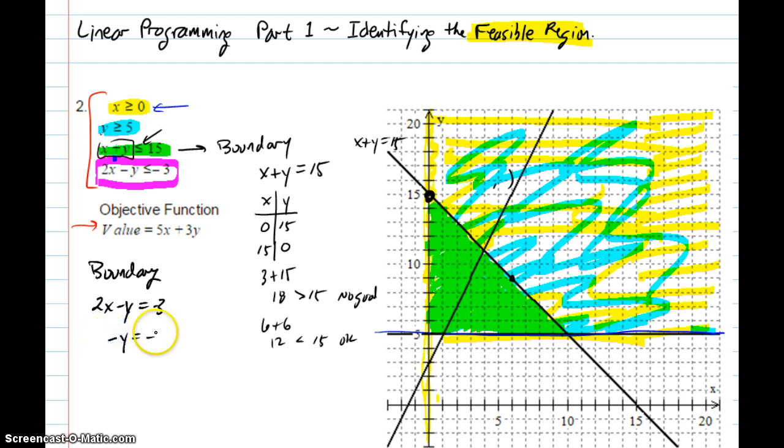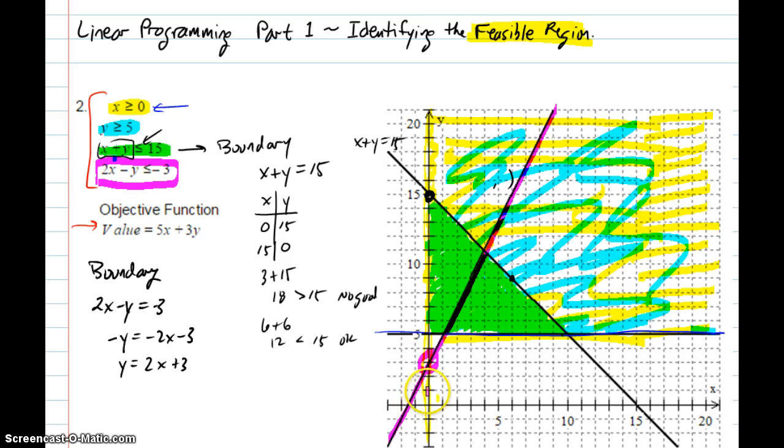I get negative y equals negative 2x minus 3. I want positive y, so if I change the sign there, I got to change all the signs. y equals 2x plus 3. And that is this line. It's got a slope of 2, over 1 up 2, over 1 up 2, and I've got a y-intercept of 0, comma 3.